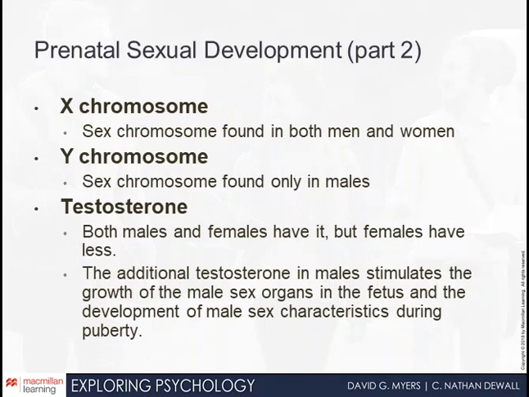So, testosterone: both males and females have it, but females have less testosterone. The additional testosterone in males stimulates the growth of the male sex organs in the fetus and the development of male sex characteristics during puberty.